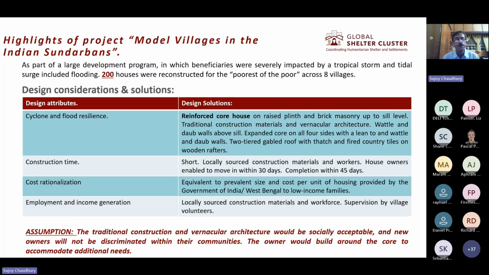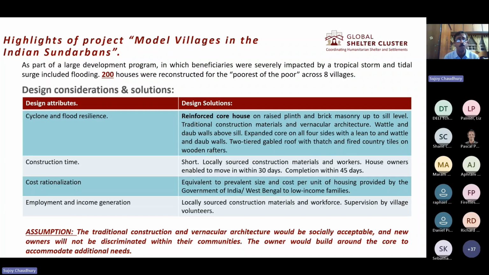However, what we did in this was that we said, let's look at the traditional and vernacular and see how that works out. So we had a core house on a raised plinth with brick masonry up to the sill level and traditional construction materials and vernacular architecture.